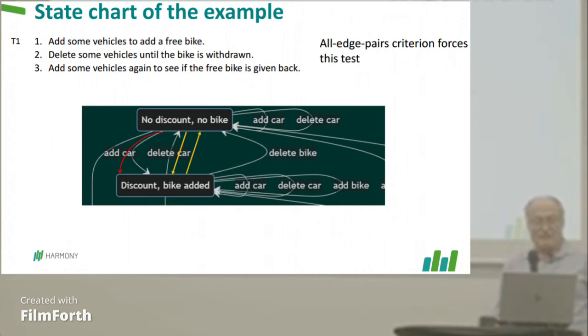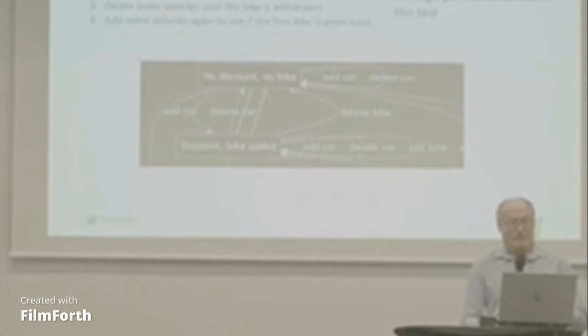So first we go from the start to the discount bike added state, and then we should go back. And because each pair should be traversed, we should also go back to the discount bike added state. And these 3 transitions are just the 3 steps in the test case. So we covered it.